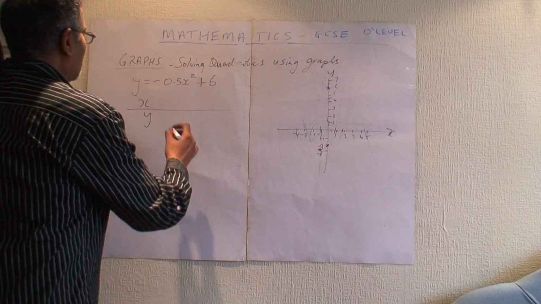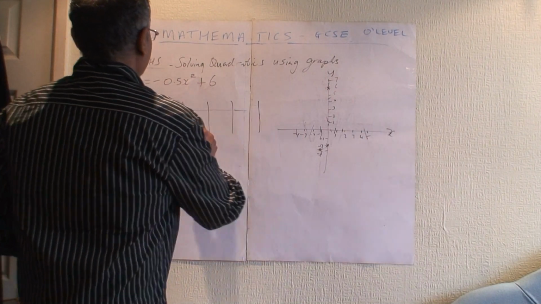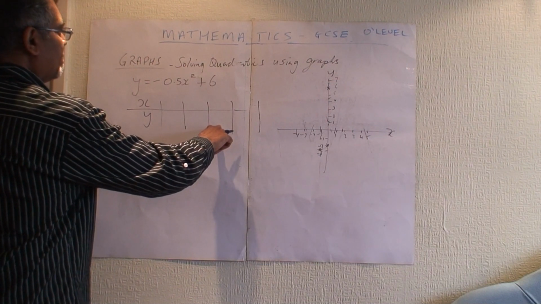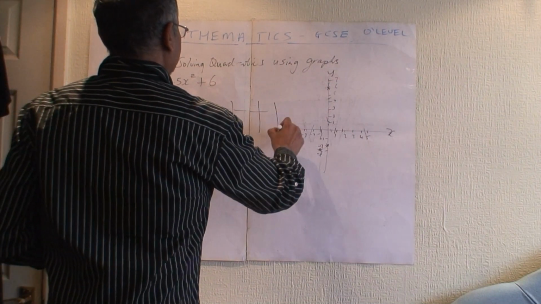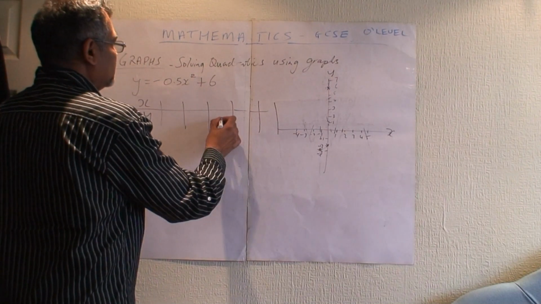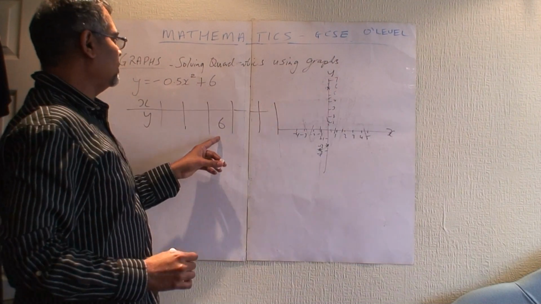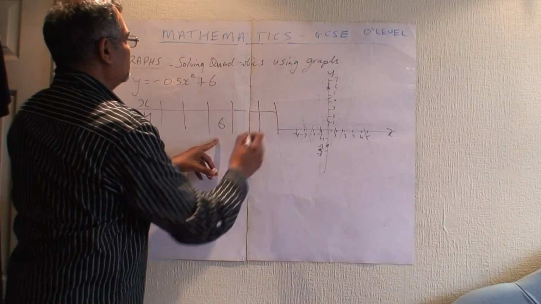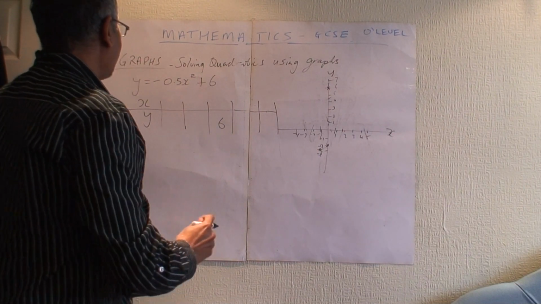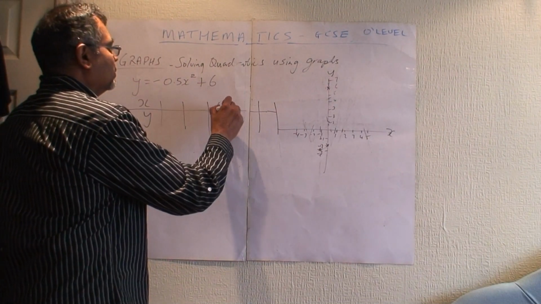Because we know the y-intercept, we could put the 6 right here in the middle. The intercept is there, and we know that x is 0.